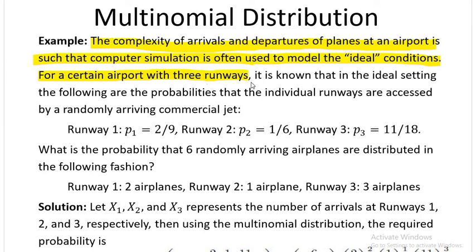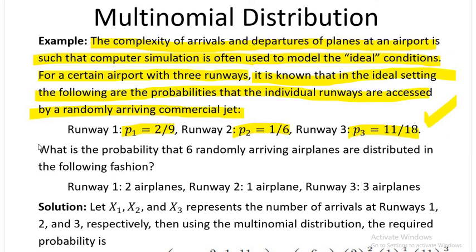So let's say it has 3 runways. It is known that in the ideal setting, the following are the probabilities that the individual runways are accessed by randomly arriving commercial jets. Runway 1 has probability 2 by 9, runway 2 has probability 1 by 6, and runway 3 has probability 11 by 18. These probabilities are given to us.